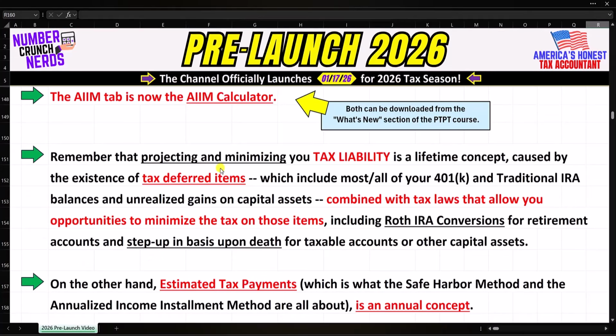Remember that projecting and minimizing your tax liability is a lifetime concept caused primarily by the existence of deferred tax items, which include most or all of your 401k and traditional IRA balances and unrealized gains on capital assets, combined with tax laws that allow you opportunities to minimize the tax on those items, including Roth IRA conversions for retirement accounts and step up in basis upon death for taxable accounts or other capital assets.